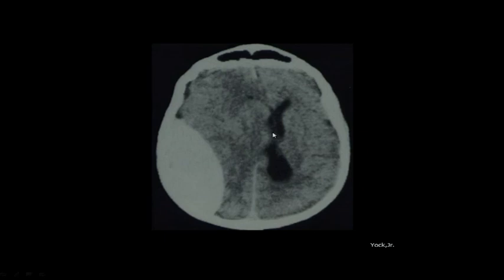So what happens is you get subfalcine herniation, and that can shear and cause a lot more damage. Here, look at this. The falx is right in the midline like it should be. That's why I said what I said, because he acted like the falx should be bowed over too, but it's not. But this is severe right to left midline shift, due to this huge epidural.